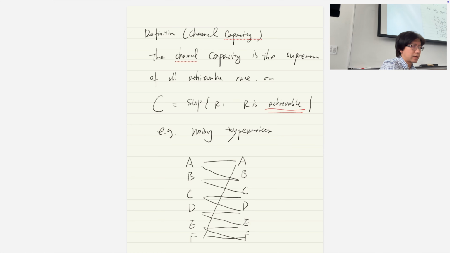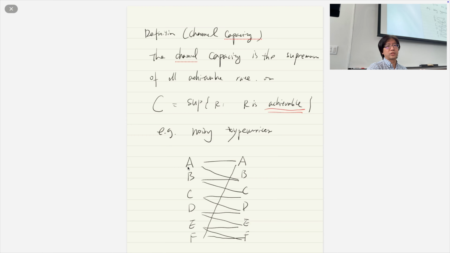Let's see whether this kind of thing can work or not. Basically, if we transmit A and transmit B, then there's some confusion, because if we transmit A, we can receive a B, and if we transmit B, we can receive B as well. But if we transmit A and then transmit C, will there be a confusion?